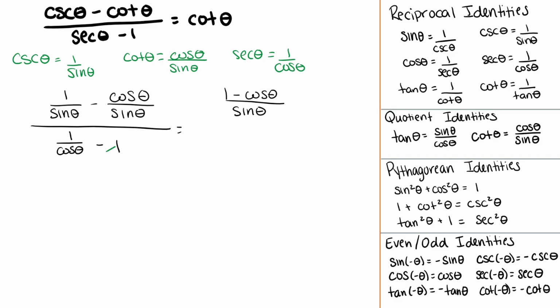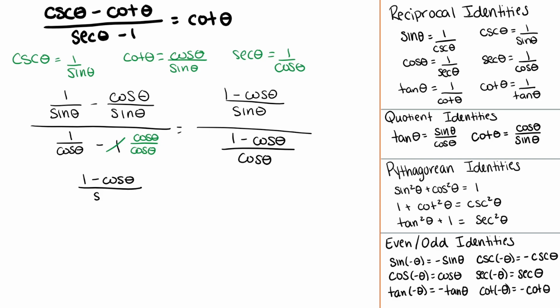And in our denominator, 1 can be written as cosine over cosine. That's the same as 1. So we can write our denominator as 1 minus cosine over cosine. And if we do our keep, change, flip, we'll have our numerator, which is 1 minus cos theta all over sine theta, times, we'll flip our denominator, cos theta over 1 minus cos theta.